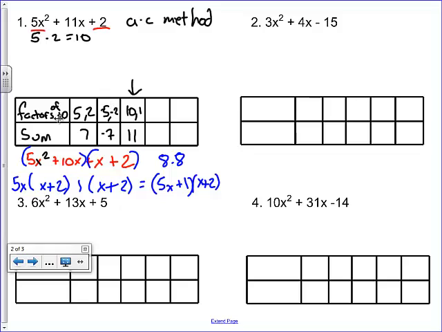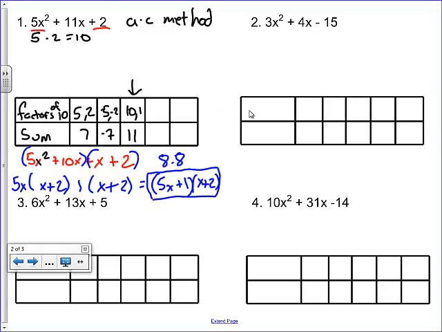Then we took A and C again, brought them down as the edges of our factor by grouping. 10 and 1 were in here. And then we used 8.8, which was factor by grouping. And remember, we always want the inside to be the same, and it was. And then this was our final answer. Those are the factors of this trinomial.